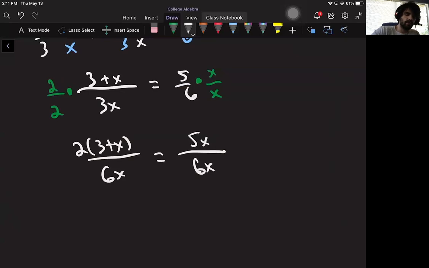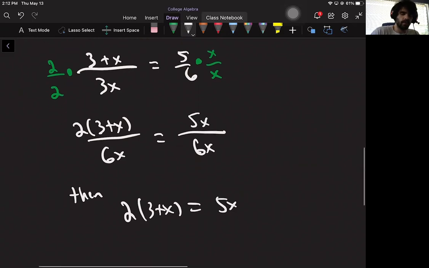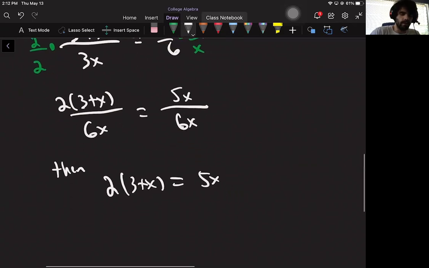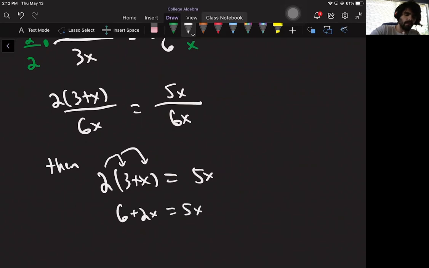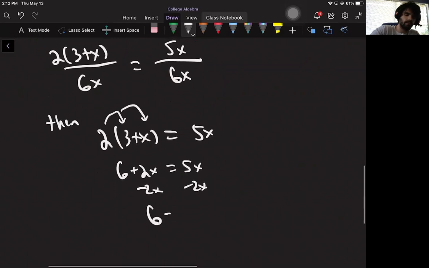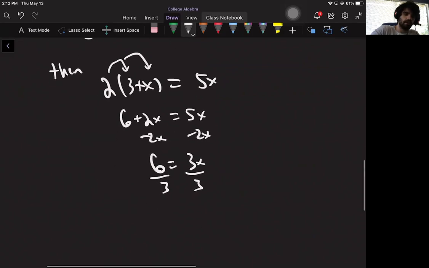So then we can just immediately say that since the denominators are already equal, the numerators have to now be equal. And so that's one way to do it. And then we can just continue solving for x like any old equation. So we would distribute the 2, subtract the 2x, divide by 3, and we get x equals 2.